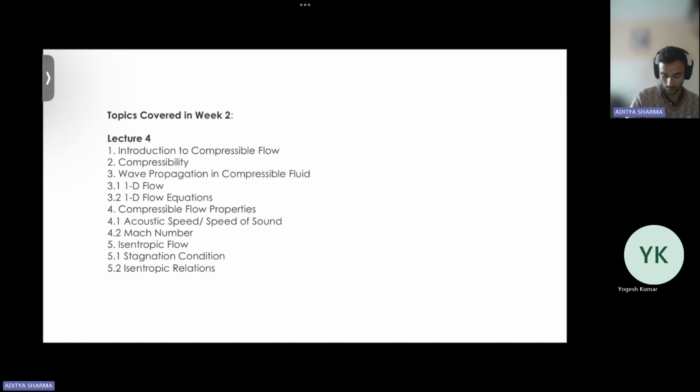And what comprises the isentropic condition is the adiabaticity of the flow. That is, the flow has to be adiabatic. Also, the flow has to be reversible.